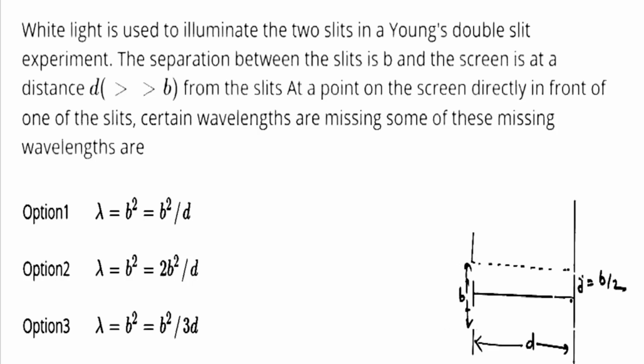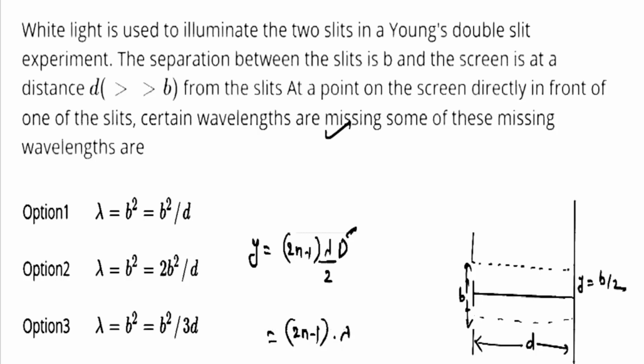Now we have to find which wavelengths are missing here. We know that for the dark fringes, y is given by y is equal to (2n minus 1) lambda divided by 2 into d, where d can be written as lambda and a small d divided by b.